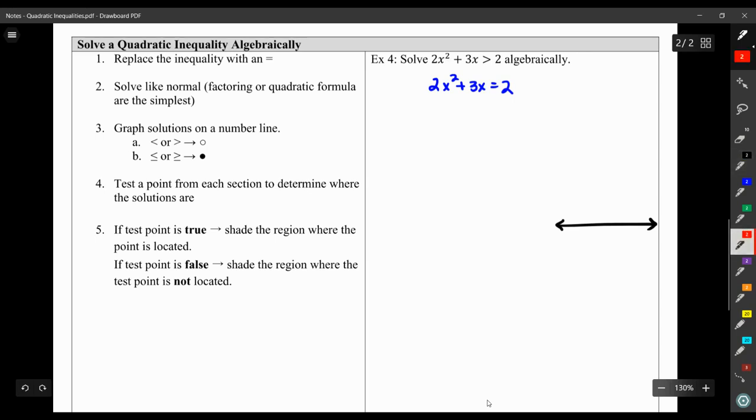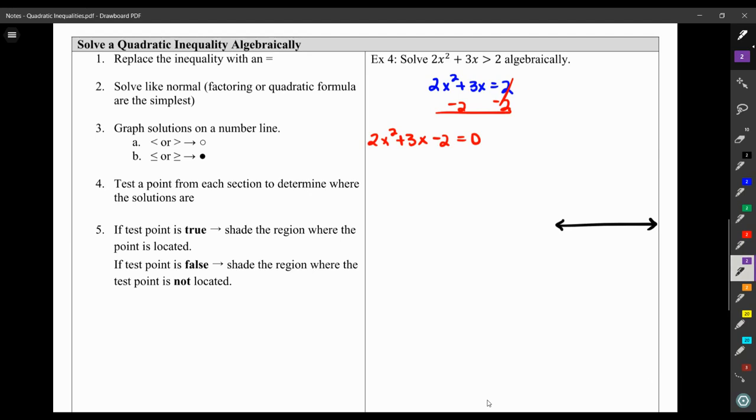So solving this quadratic equation, we need to move the 2 over. So we're going to have 2x squared plus 3x minus 2 equaling 0. With solving these, you have two choices, either solve by factoring or solve with the quadratic formula. I'm going to try factoring first. So I'm going to multiply a and c together. a is a 2, c is a -2. So -4x squared.